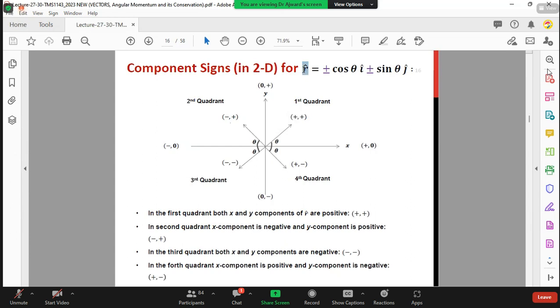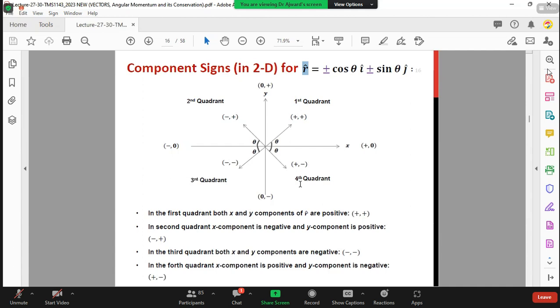So using r hat notation, you can represent any vector if you know the magnitude. So r hat just points in which direction your vector is. Right? All right. So you can read that also.